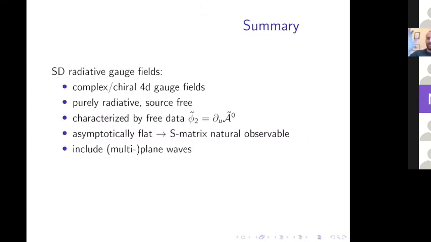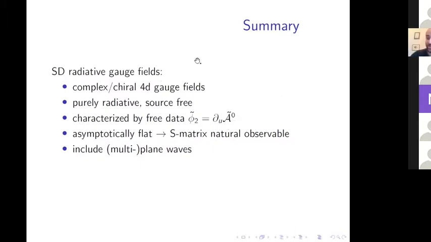So just to sum up, if you zoned out in those last few slides, here's the roundup. Self-dual radiative gauge fields are complex or chiral 4-dimensional gauge fields. They're purely radiative and source-free. They're characterized by free asymptotic data in the form of this free function, or a U derivative of their leading asymptotic component, this curly A twiddle.